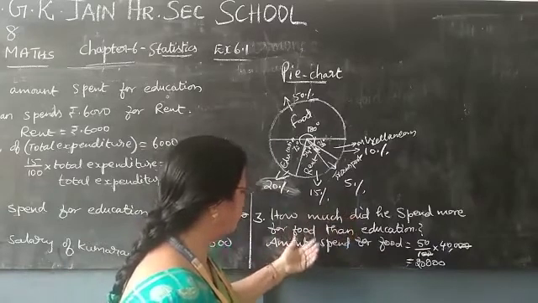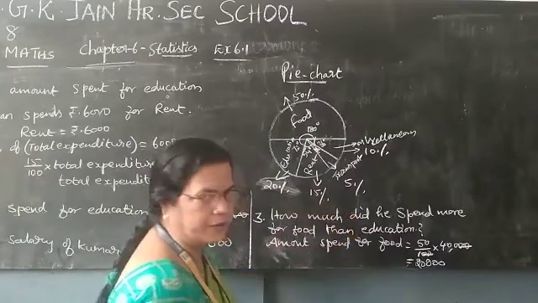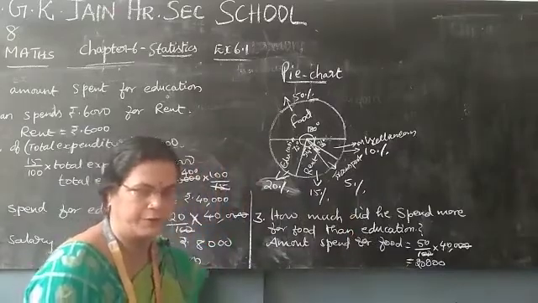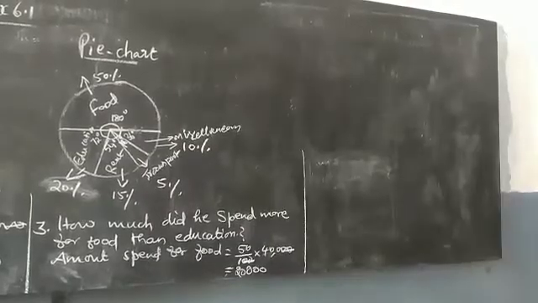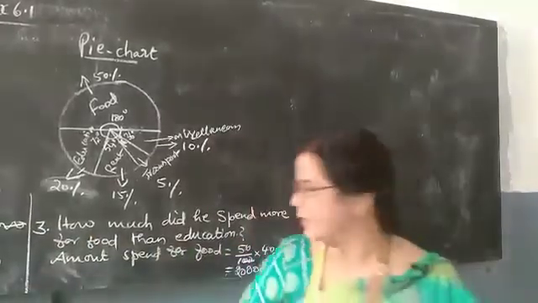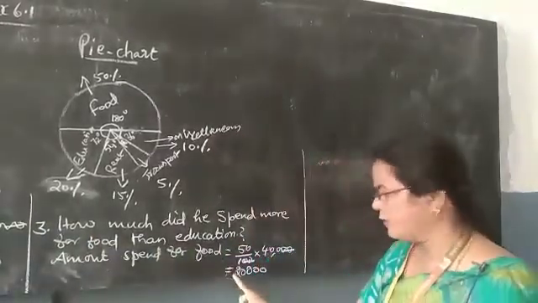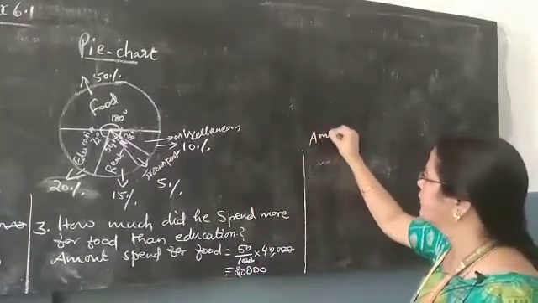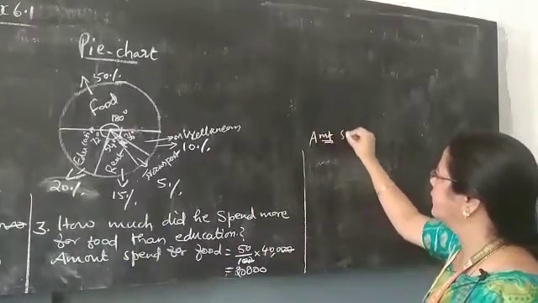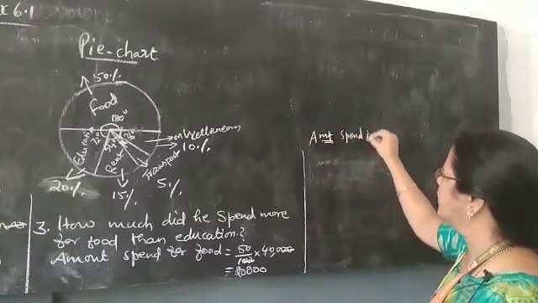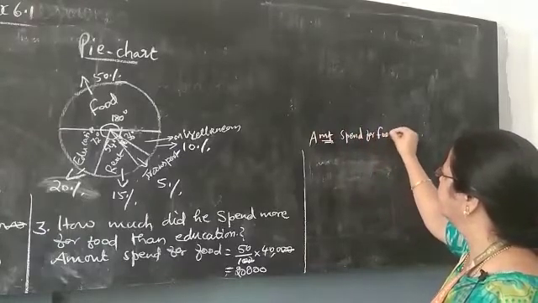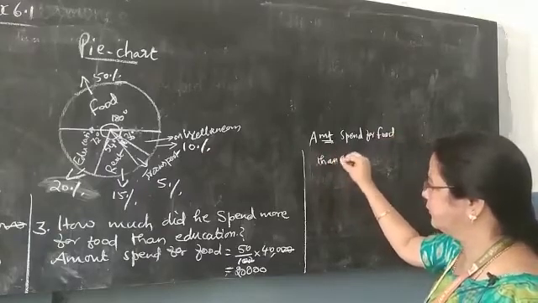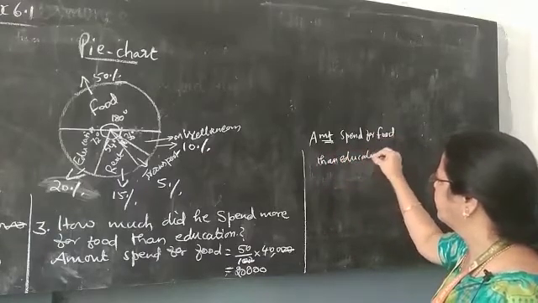Now we are going to find out how much more he spent for food than education. Okay, already we found that amount spent for food. How much we are getting? 20,000. Now amount spent for food than education.